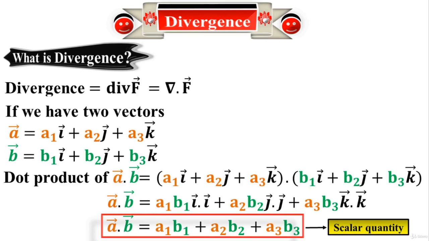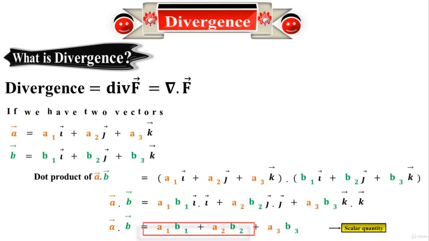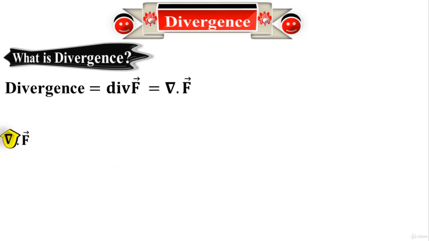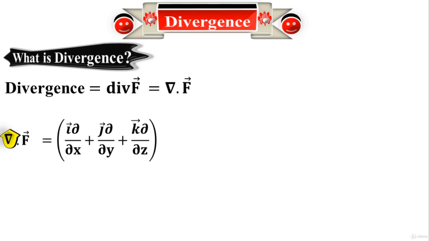Exactly the same technique can be applied for the divergence. Let me apply this technique here, where del equals i partial over partial x plus j partial over partial y plus k partial over partial z, dot product with f equals f sub 1 i plus f sub 2 j plus f sub 3 k.